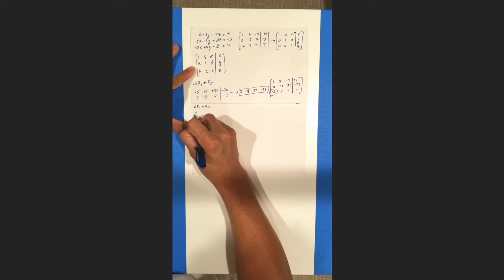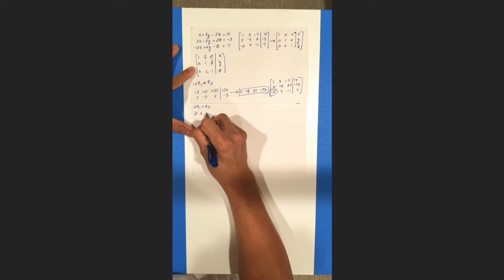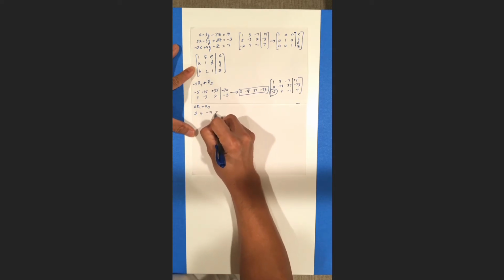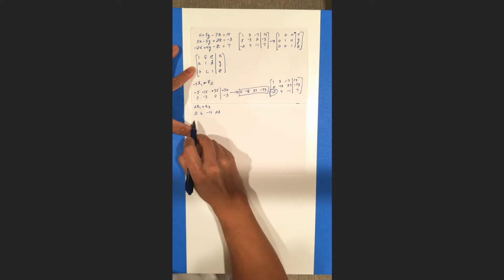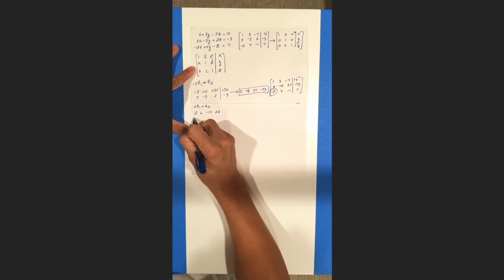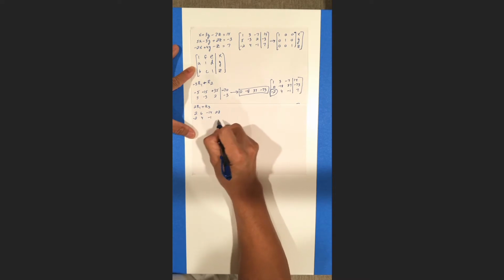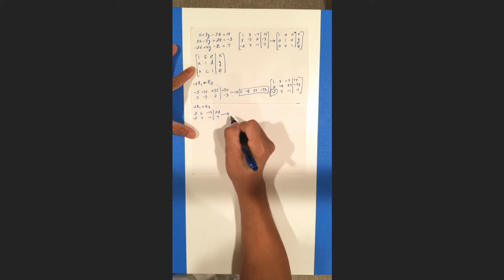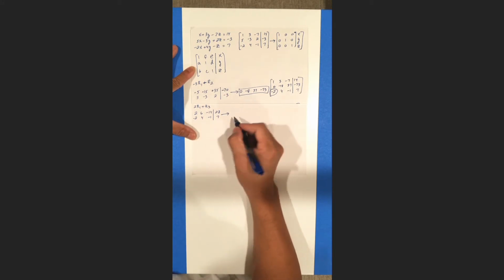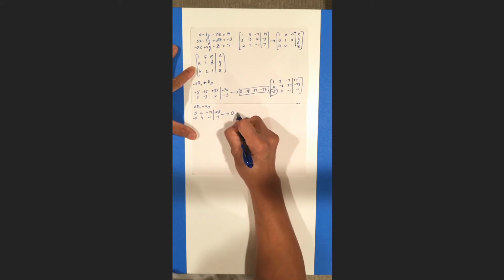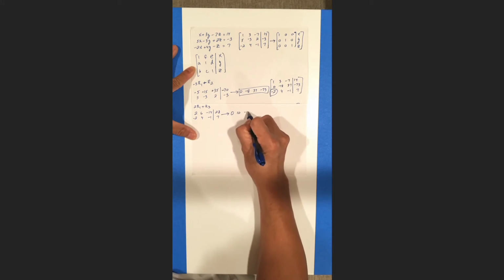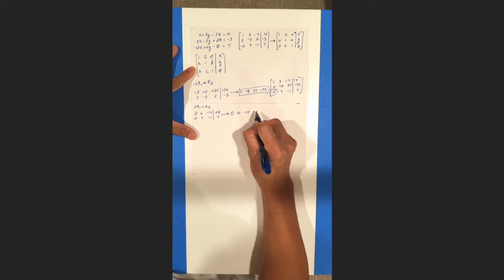That's going to give me 2, 6, negative 14, and 28. I'm going to take row 3 and just leave it alone: negative 2, 4, negative 1, and 7. Now I'm going to add these two together. When I add that, I'm going to get 0, 10, negative 15, and 35.